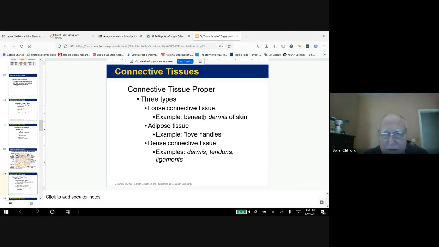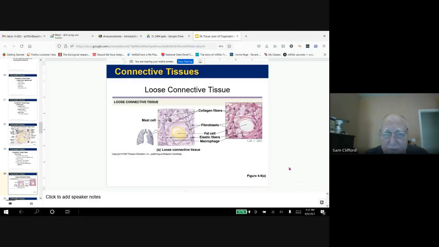So loose connective tissue, which we just started, is beneath the dermis. Adipose tissue is fat tissue. And then we talked about tendons and ligaments for dense connective tissue. Loose connective tissue can surround fat cells. It also is just below the dermis.